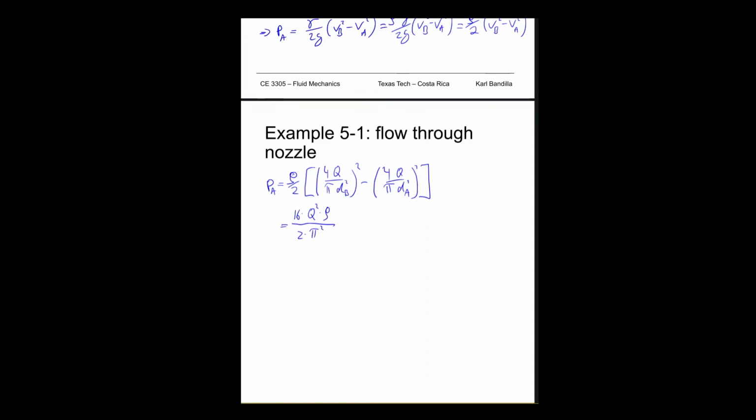And then in our brackets, we have left 1 over dB squared minus 1 over dA squared.